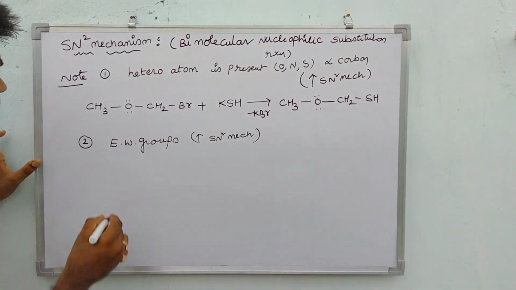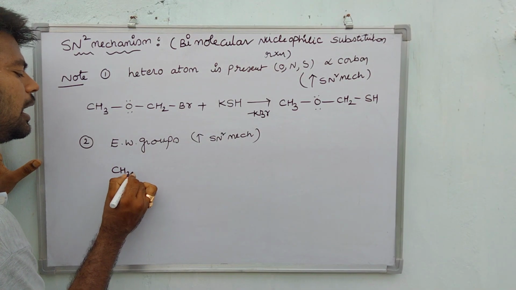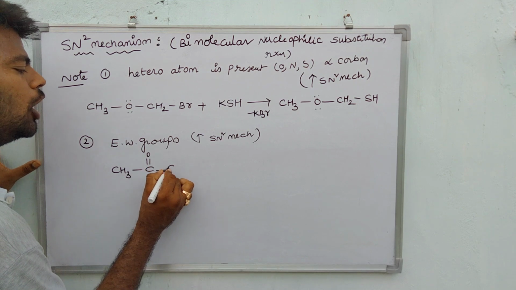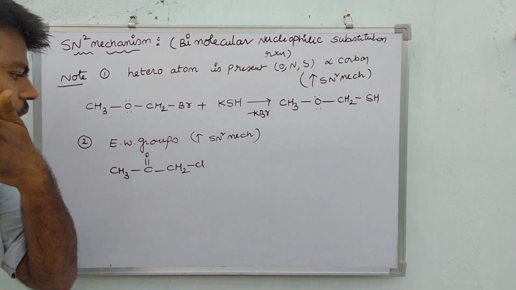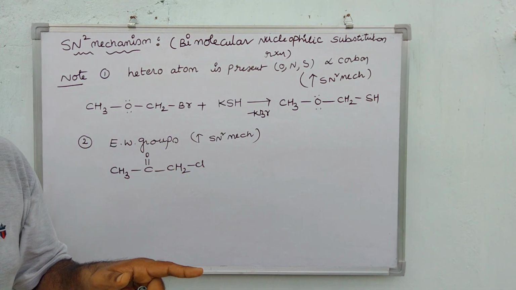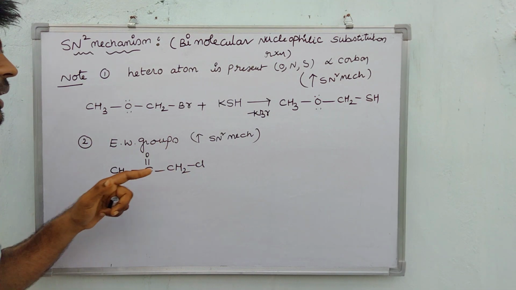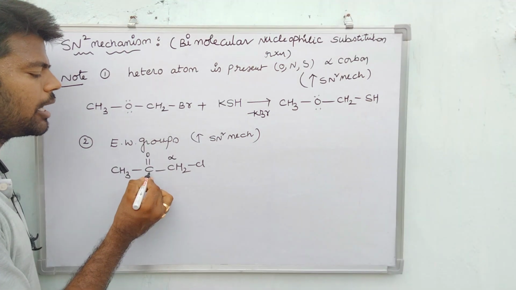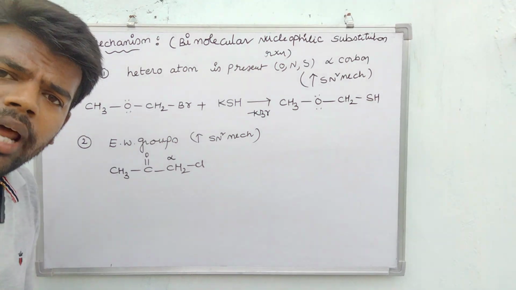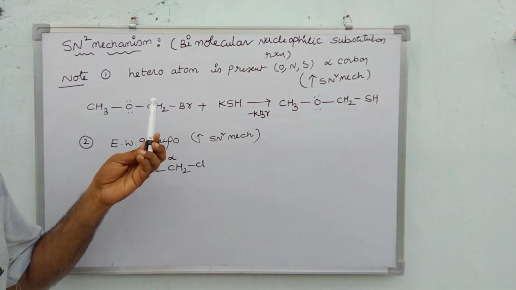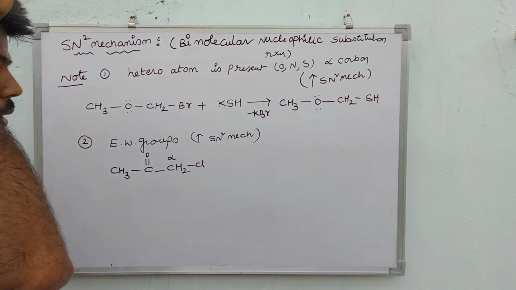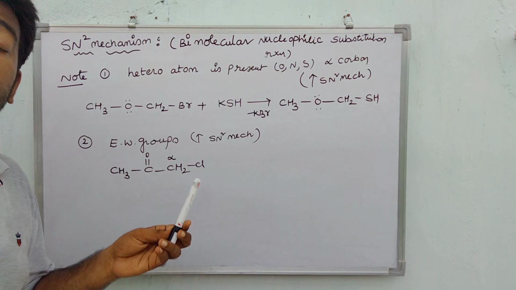If you take one example, CH3, C double bond O, CH2Cl. Here the chlorine atom is the leaving group, which is connected to the alpha carbon. On the alpha carbon, what group is there? The carbonyl group, C double bond O, is there. If this electron withdrawing group is present, it automatically undergoes the SN2 mechanism very fast.